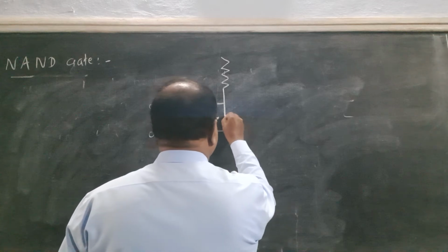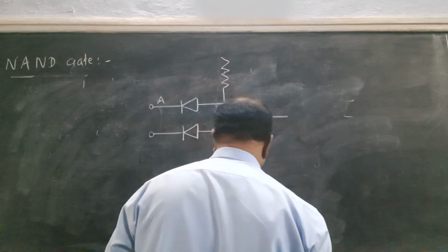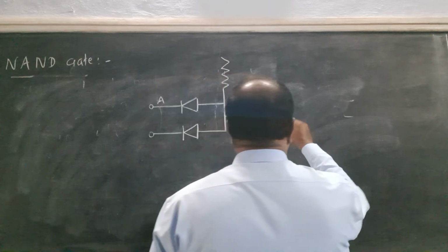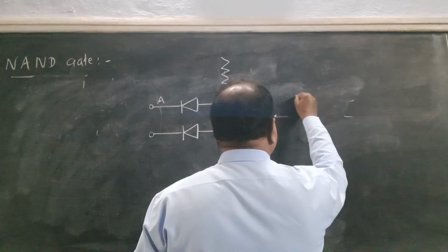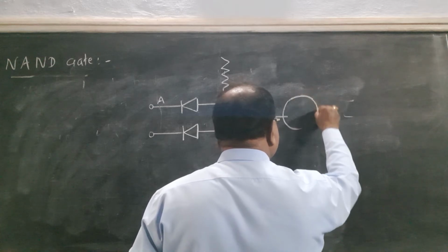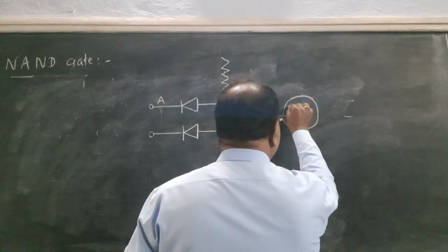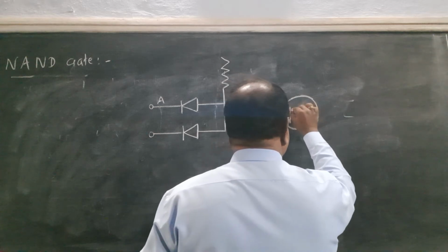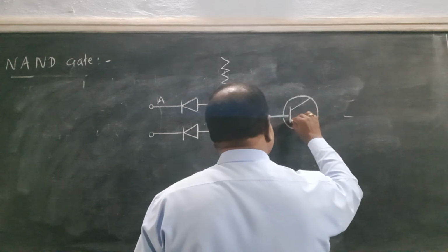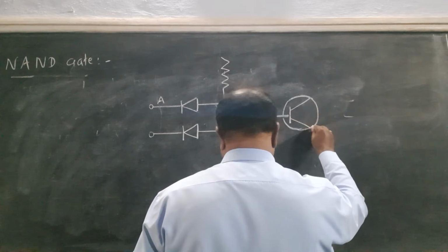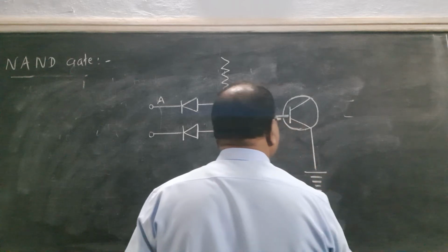From this it is connected to a high resistance to block the high current, and this is connected to the base of the transistor. Now this is the collector and this is the emitter. Usually the emitter is grounded, right?